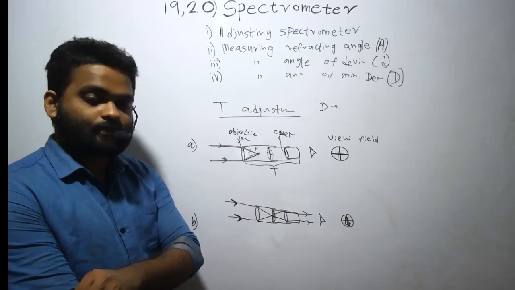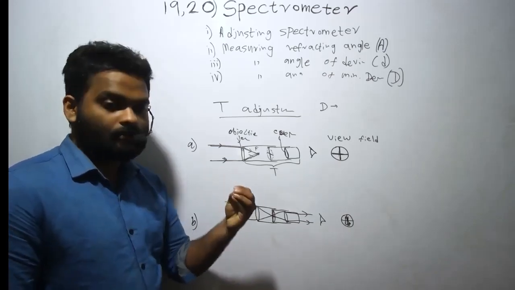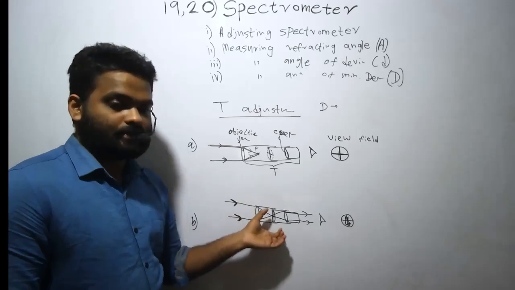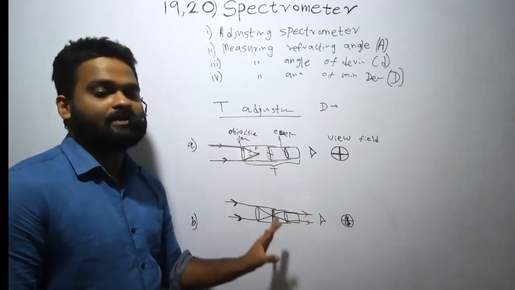Telescope is only responsive to parallel light, meaning now it is fully adjusted. Telescope is adjusted.